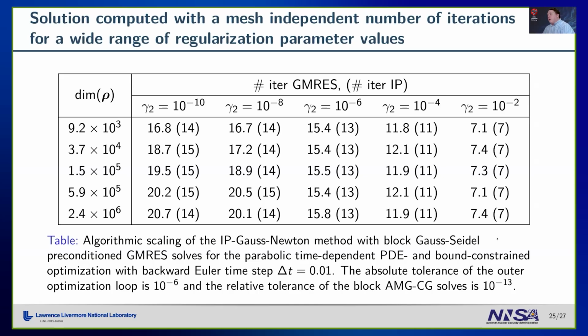As we go across columns, the number of interior point iterations changes because we have a different optimizer, so the optimization path changes. The number of Krylov-subspace iterations also changes because it depends on properties of the PDE constrained optimization problem.